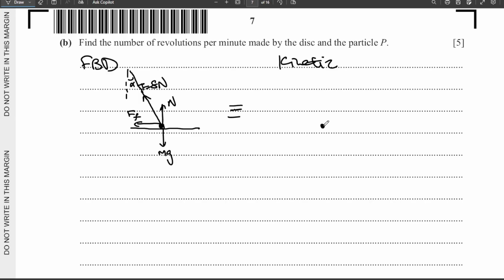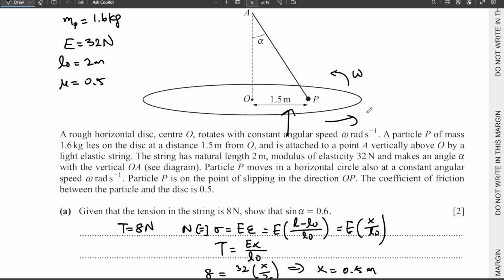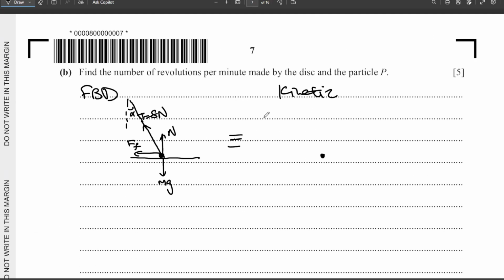So in the vertical direction, there's no resultant force because it's not moving up or moving down, but it is rotating. So we have to consider the centripetal force. So there is a centripetal force or resultant force into the center of the disc. So maybe let's just write here. Here is O. So it's towards O.